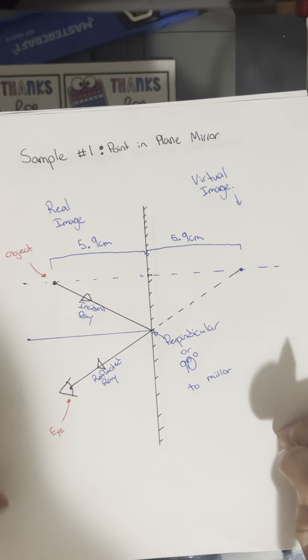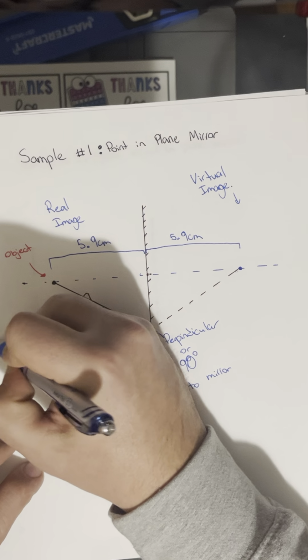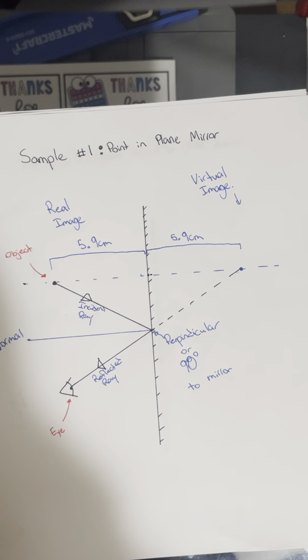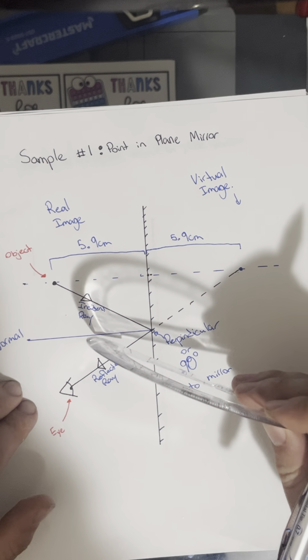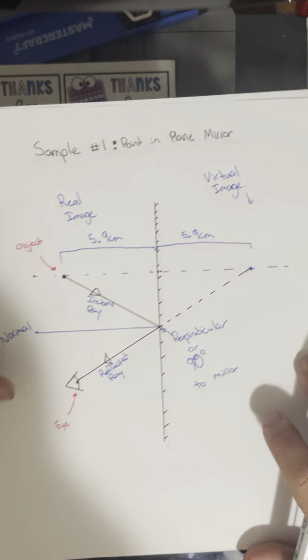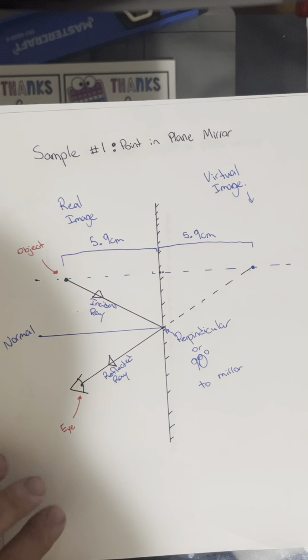All right, now that I have that normal, again, this is my normal, I can now use that normal in order to determine what my angle of incidence is and what my angle of reflection is.